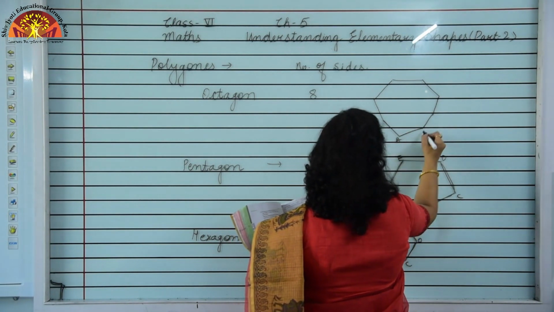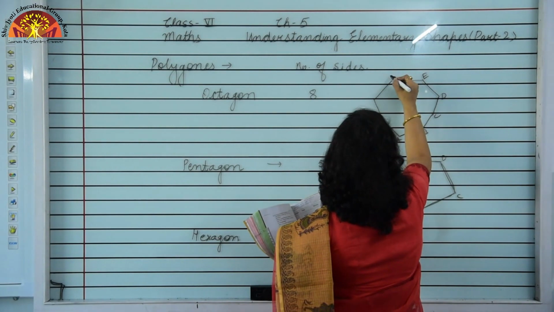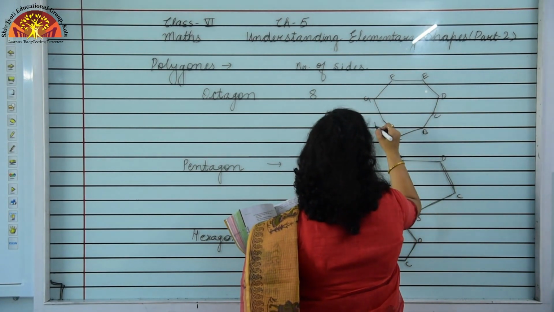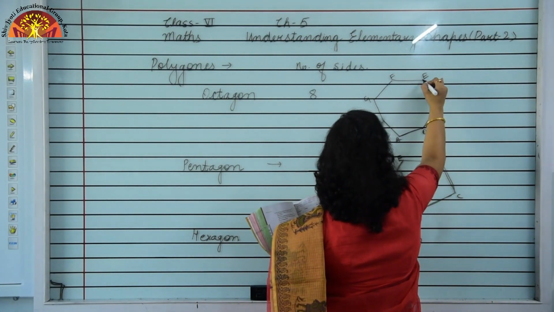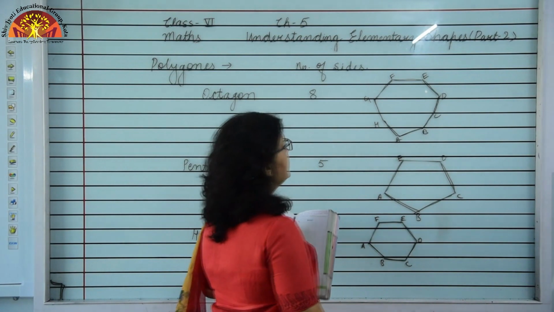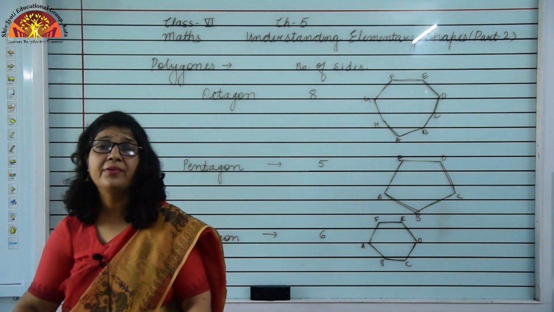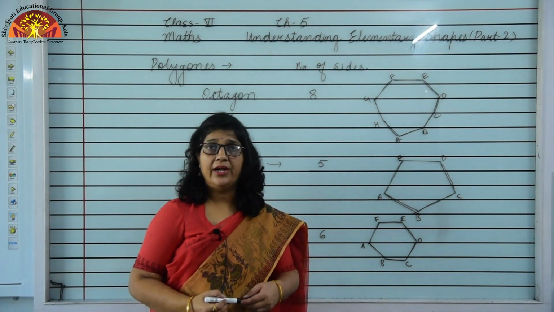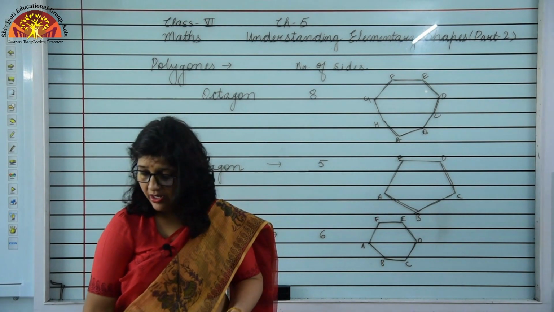This is A, B, C, D, E, F, G and H. This is 1, 2, 3, 4, 5, 6, 7 and 8. So 8-sided figure is octagon. Students, when we have a regular polygon, in a regular polygon all sides are equal. Understood?